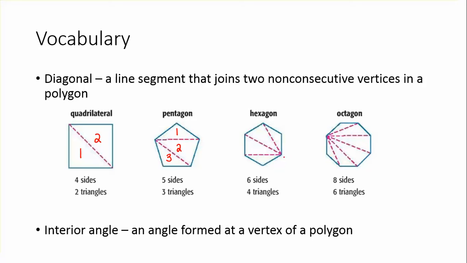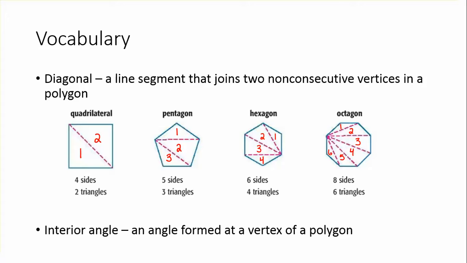A hexagon, if we focus on this vertex down here and we draw a diagonal to the non-consecutive, so I can't draw it to this one, but 1, 2, 3, it creates 4 triangles. And an octagon, when we focus on this vertex, we can draw 5 diagonals that create 6 triangles.